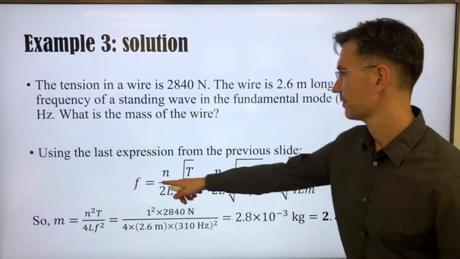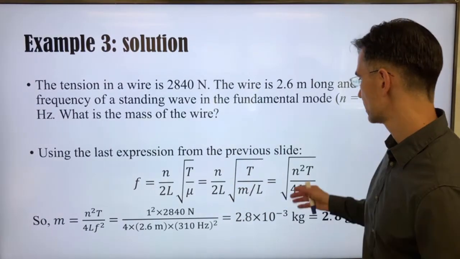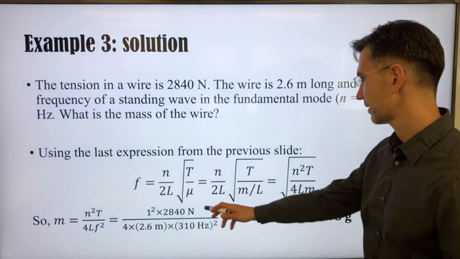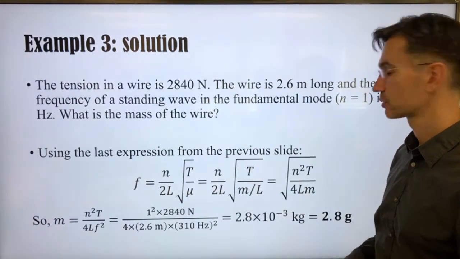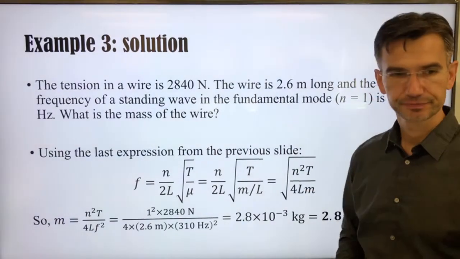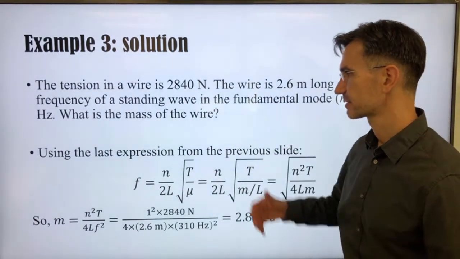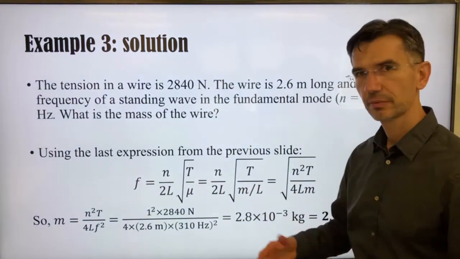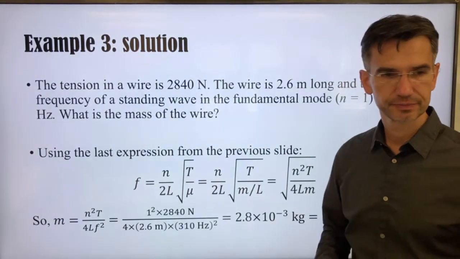So then f equals this, and then after we move m to the other side, square both sides to get rid of the square root, we have this result. So the mass of the string is 2.8 grams. So this is how we use the properties that are given by the wave equation to determine a parameter for the medium through which the wave propagates.